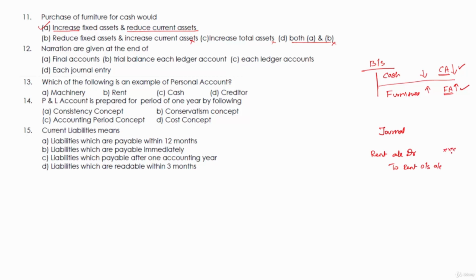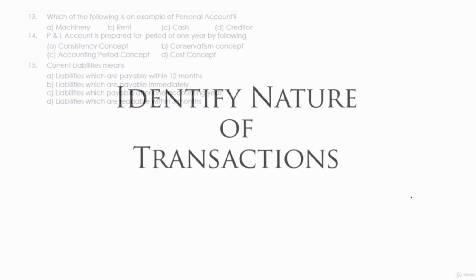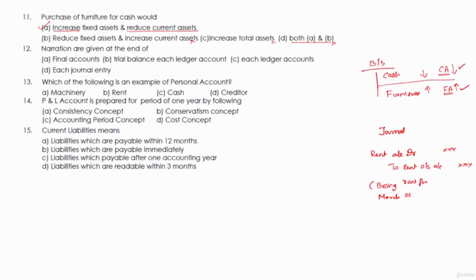So here let's say the rent for a particular month is unpaid, we'll say being rent for March outstanding. It is not yet paid, it is outstanding. So narrations are basically given for each journal entry.